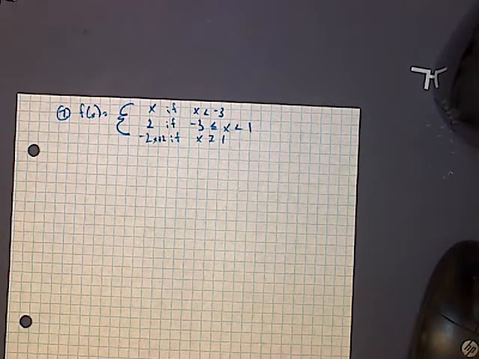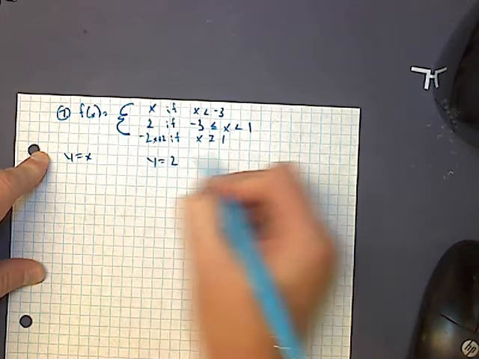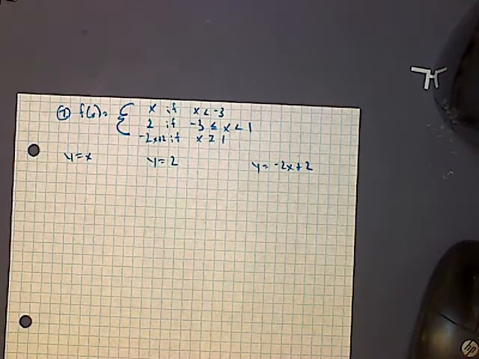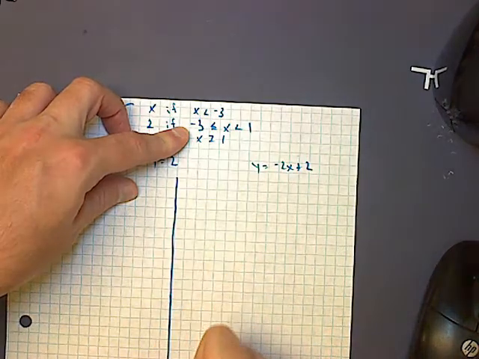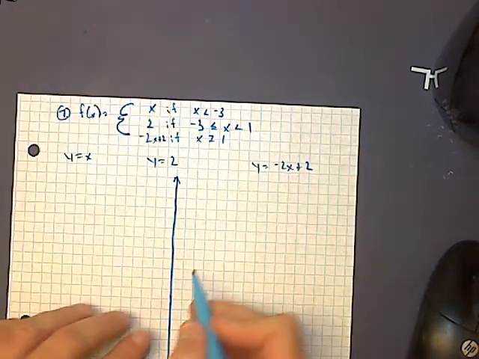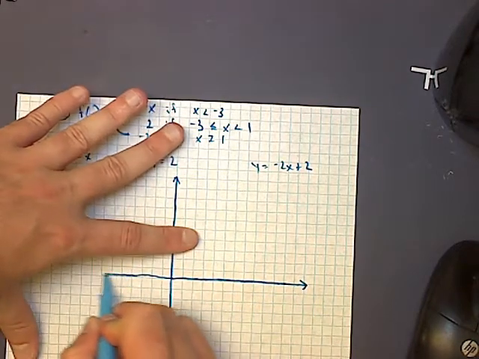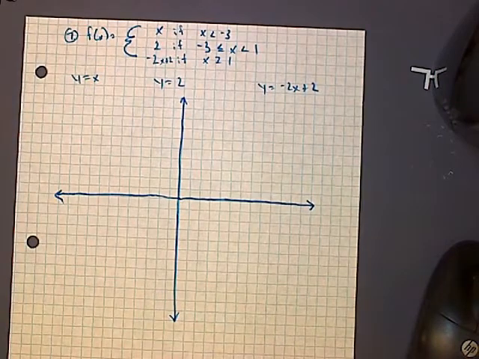Okay, so we got three functions here. We got y equals x, y equals 2, and y equals negative 2x plus 2. So I'm going to graph all three of those. Y equals x, you should be able to identify that as the identity function.